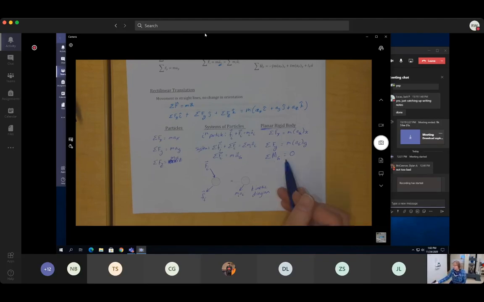So that only really comes into play with our rigid body motion. But because we're translating and not rotating, our sum of moments needs to be 0. Okay, any questions at this point?